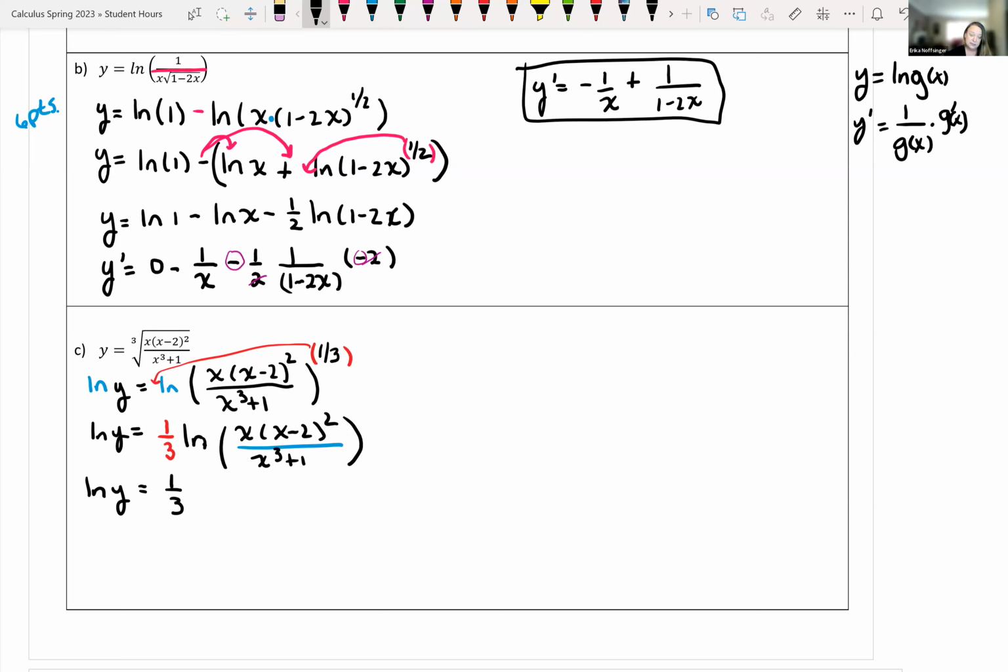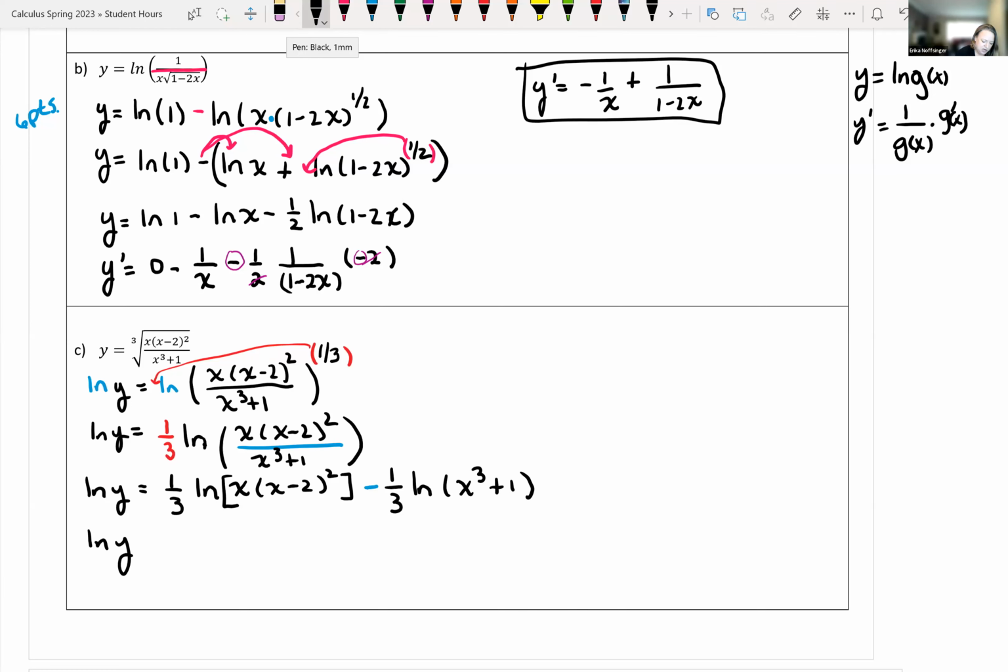That 1/3 needs to be in front of both the numerator and denominator when we rewrite it as logs. So we have the natural log of y is equal to 1/3 of the natural log of our numerator, which was x all times x minus 2 quantity squared, minus that 1/3 needs to carry, 1/3 natural log of the denominator, which was x cubed plus 1.